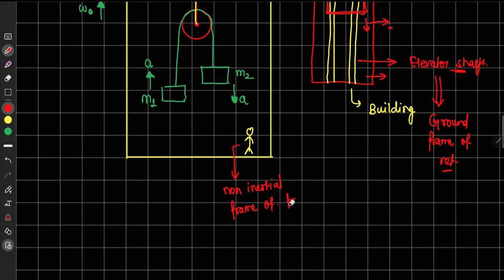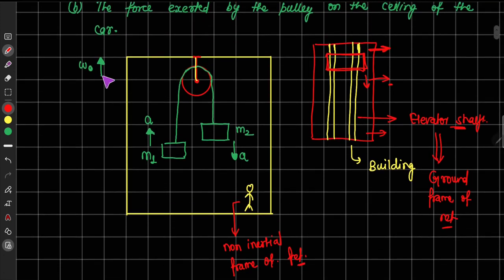And we know that if we are having the non-inertial frame of reference, we cannot directly apply Newton's second law of motion. For that we have to use the pseudo force, and we have to apply it in the opposite direction of the acceleration of the non-inertial frame of reference.